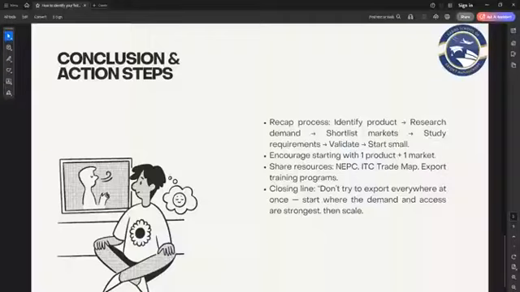We're encouraging you to start with one product and one market, from the start, while you are starting, and check the resources of the Nigerian Export Promotion Council. So you want to check the NEPC website, the International Trade Center, Trade Map, and export training programs.